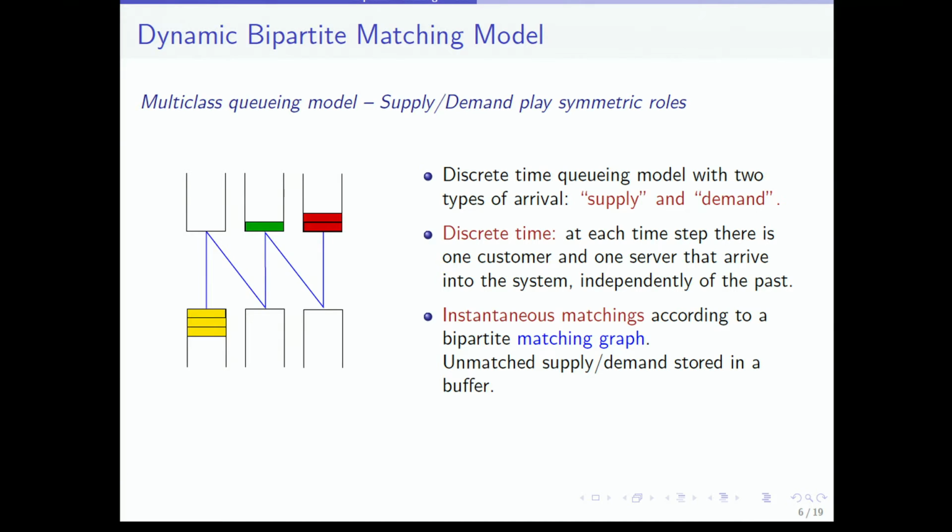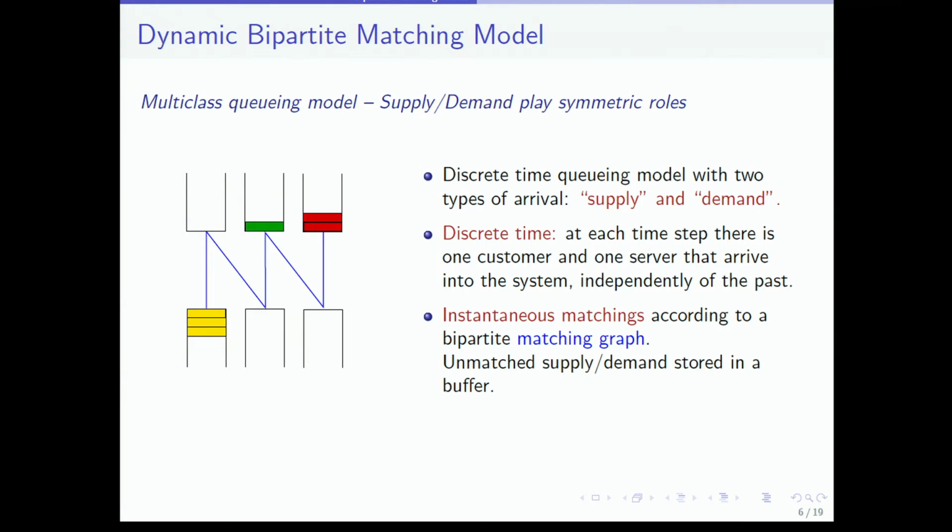Now remember the static setting, we had a bipartite graph. Now at each node there is a queue. We assume that the arrivals happen in discrete time. So at each time there is one item that arrives on the demand side and one item that arrives on the supply side. They might not necessarily be compatible. And then according to the policy that we are going to choose, the activities that happen in the system are instantaneous matchings.